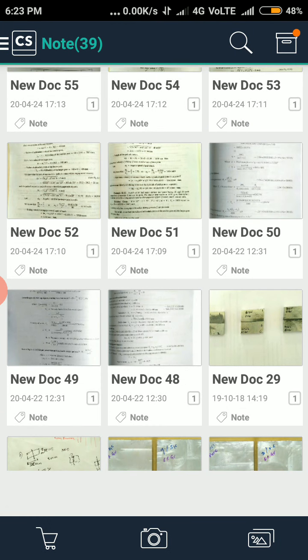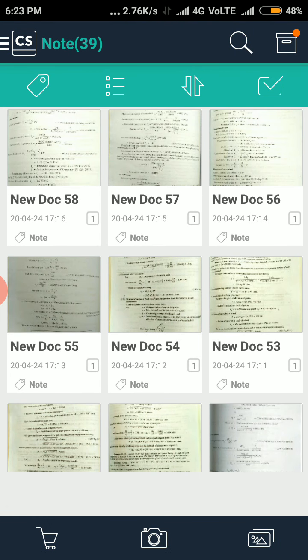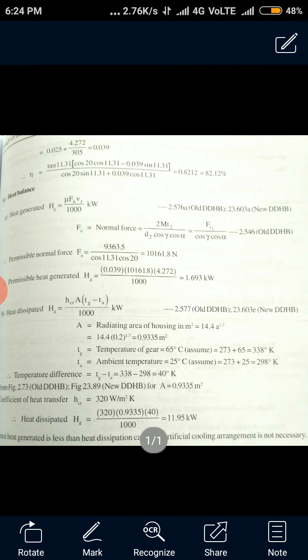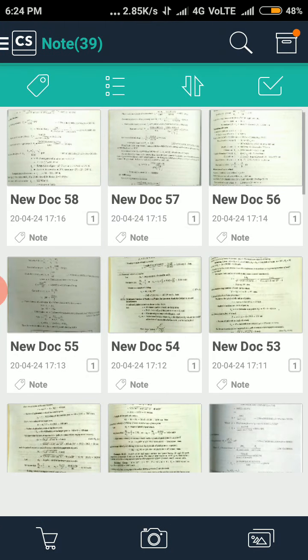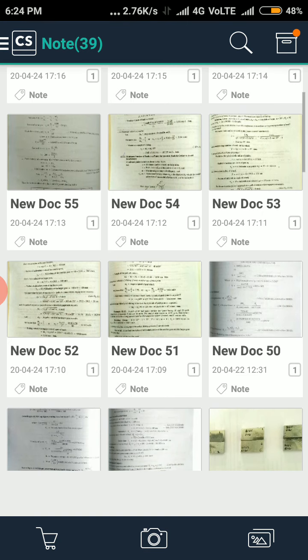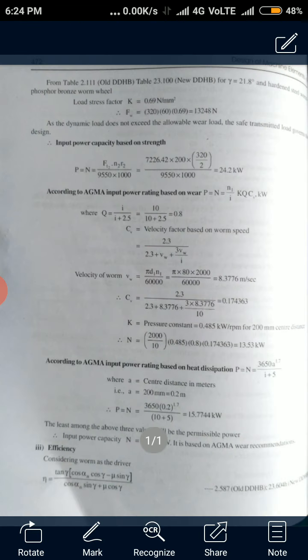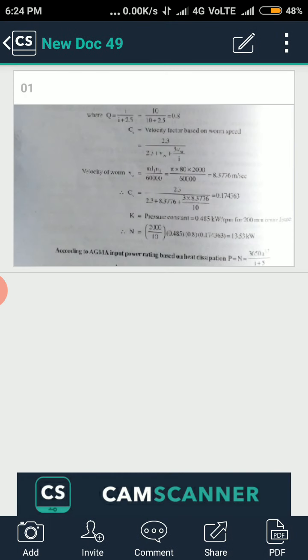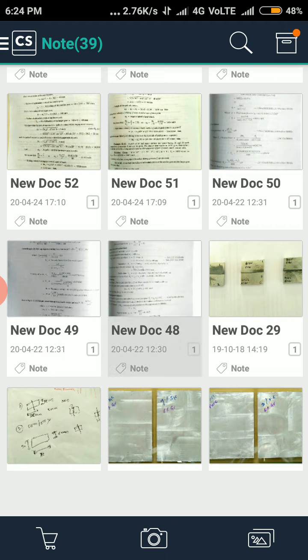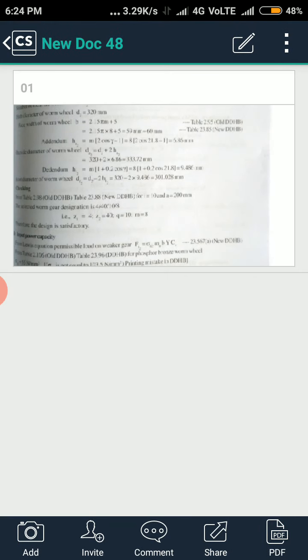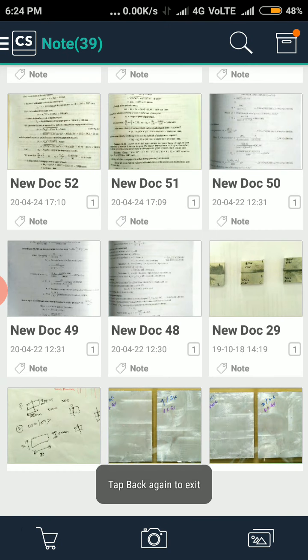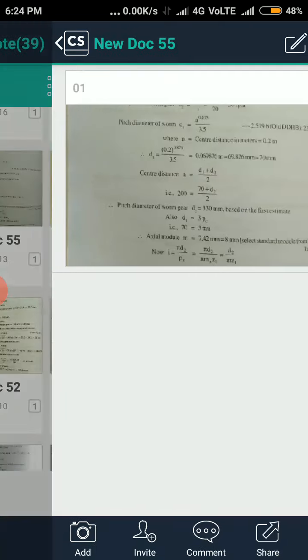So the easiest formula for efficiency is given by using the formula that I used in the last problem.